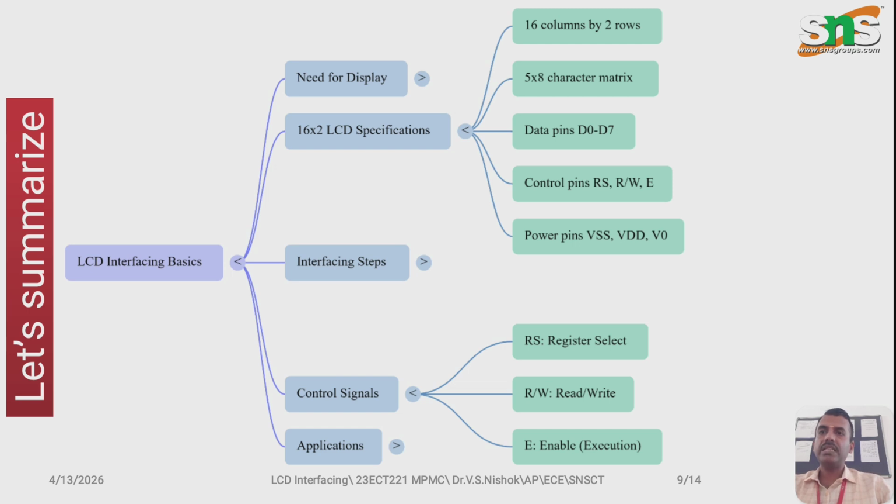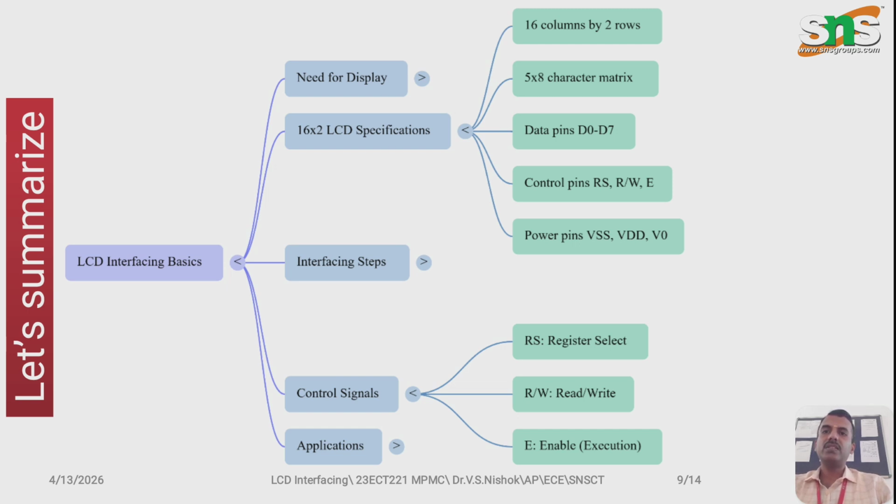In the 16x2 LCD specification, we have mentioned the LCD display as 16x2. 2 represents the 2 lines and 16 represents the 16 characters in each line. And the 5x8 character matrix represents the matrix of dots that we are using to display the characters in the display. It is used in a rectangular panel.